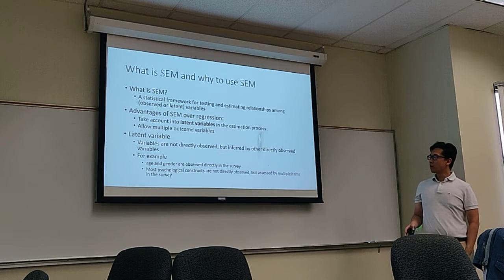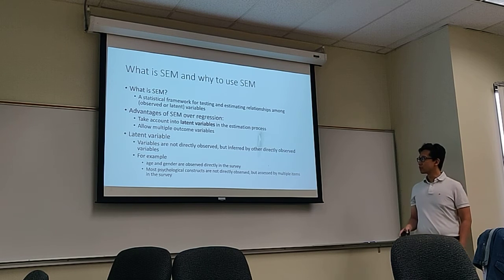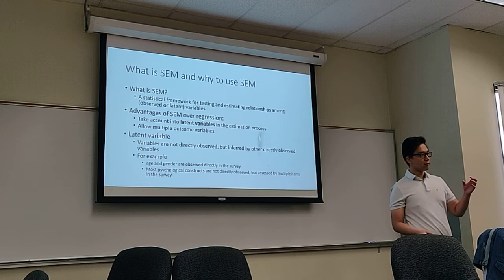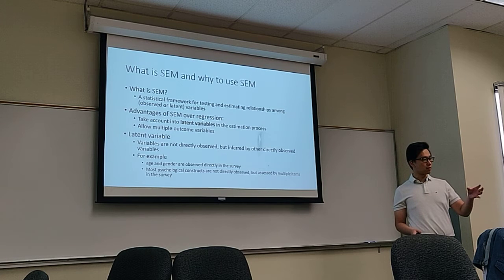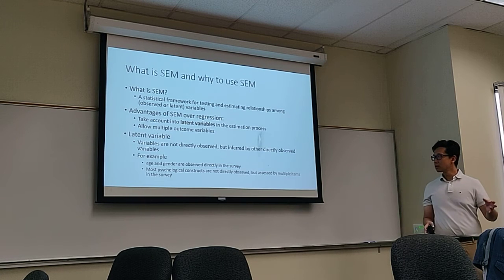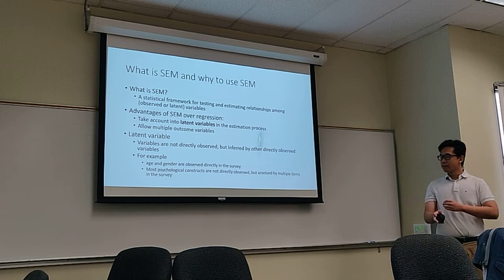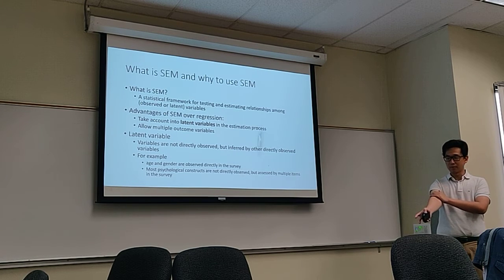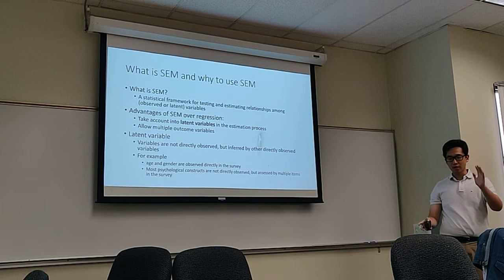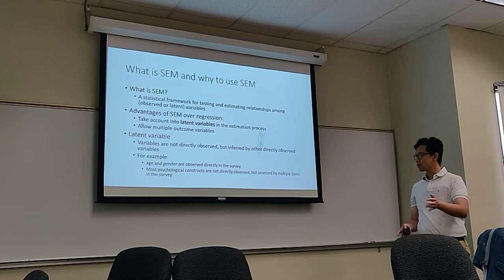And what is a latent variable? These variables are not directly observed, but are hypothetical variables that are inferred from other observed variables in the structural equation modeling process. For example, age and gender are obviously observed variables because you can just ask people what your age is and what your gender is.